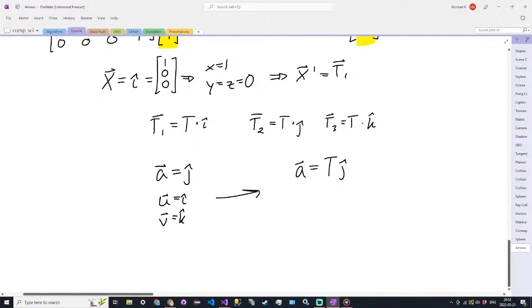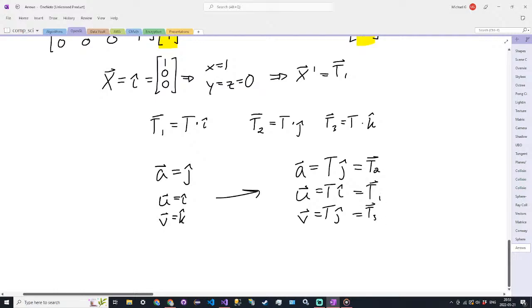So the arm vector is just a transformation of the j hat vector, and then U is a transformation of the i hat vector, and V is a transformation of the k hat vector. And now these are simply the columns. So arm becomes T2, U becomes T1, and V becomes T3.